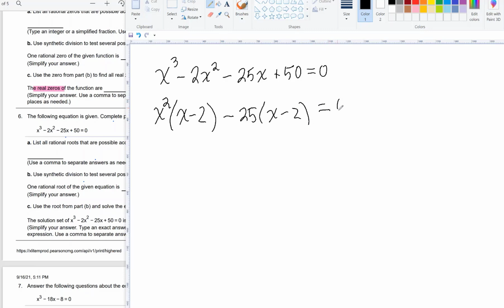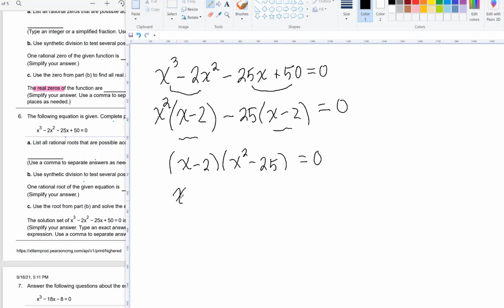Because remember, when you have 4 terms, if you can group these two and these two and then get a common factor, then you know it will factor the common binomial factor, x minus 2, and then x squared minus 25.